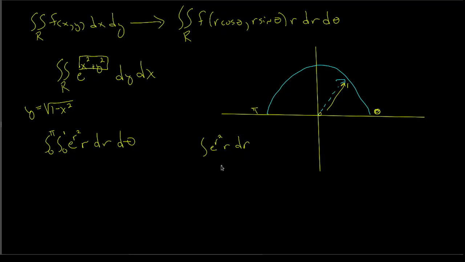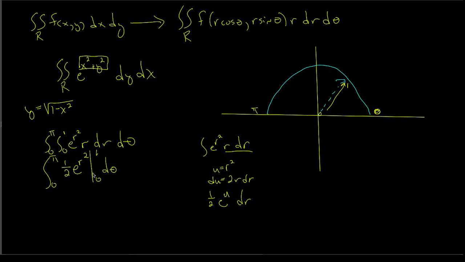We can do a u sub, where u equals r squared and du equals 2r dr. And if we substitute that back in, that's e to the u, 1/2 du, because the r dr is here. Which means that this is going to be 1/2 e to the r squared d theta, and we're going to evaluate this from 0 to 1, 0 to pi.